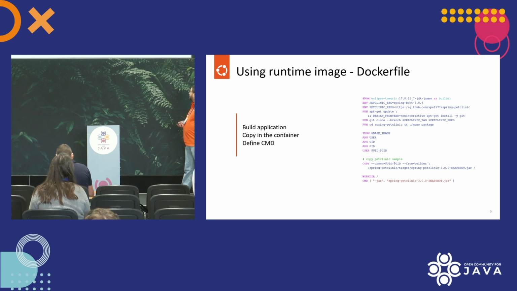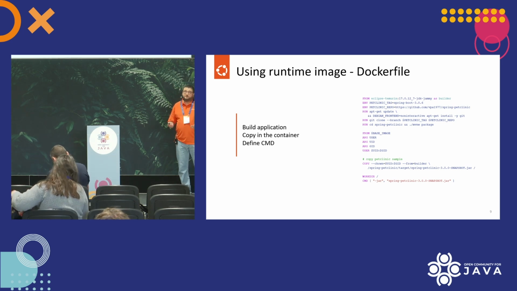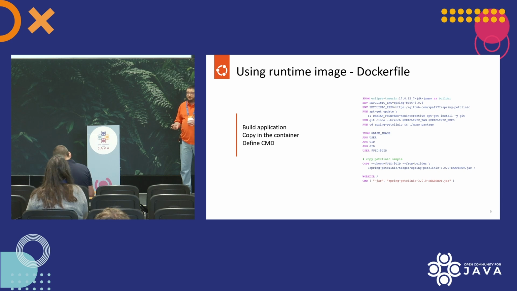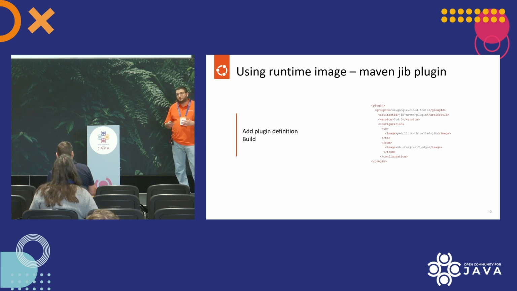So if you are trying to use it with Docker, then it's pretty simple. Well, of course, it's pretty simple in a basic example. If you want layers support, etc., it becomes not so simple in Docker, and probably the better way of using the base image is using something like the Maven JIB plugin, which automates layering behind the scenes.